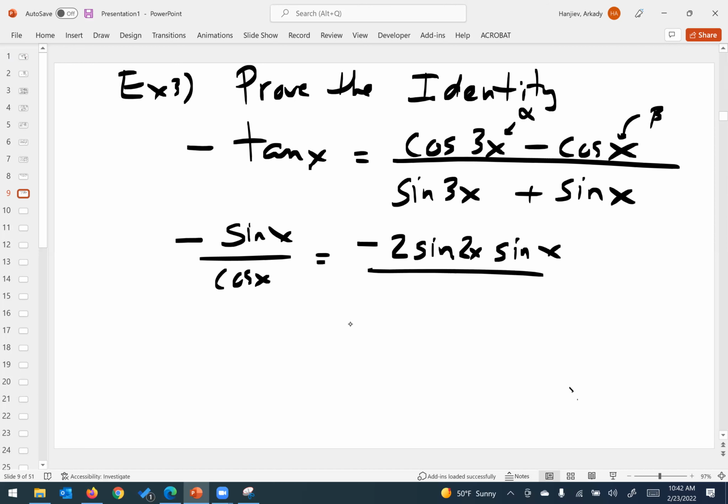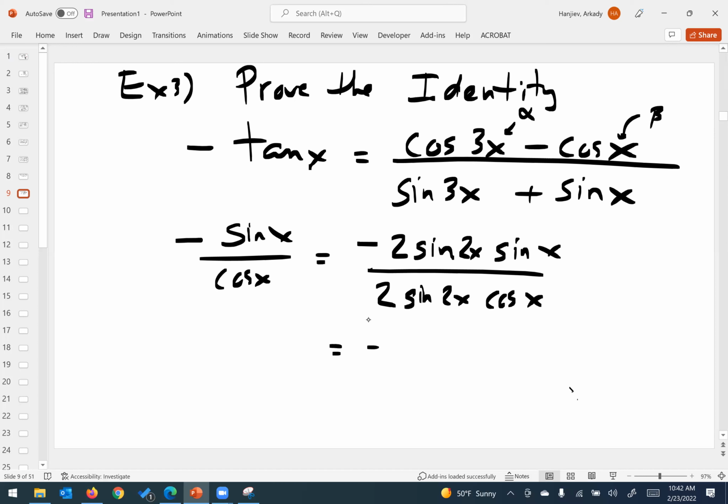Cool, and then that's the top one here. This is just 2 sine of 2x, both of them, and cosine of the difference here. So 3x minus 2x is x.